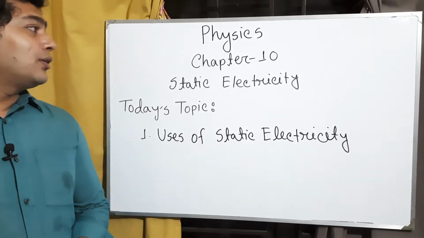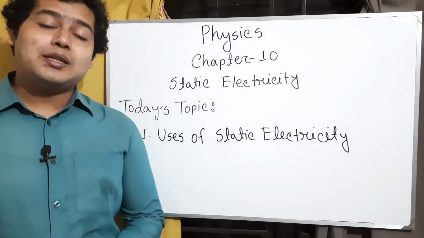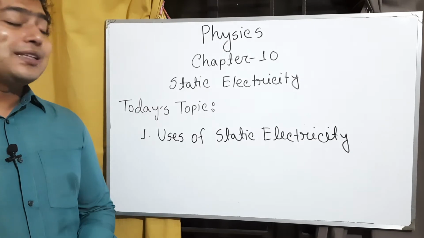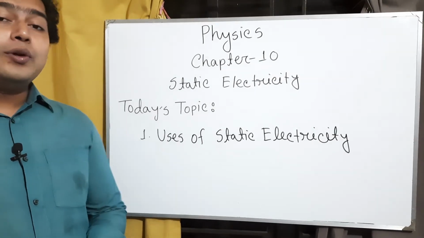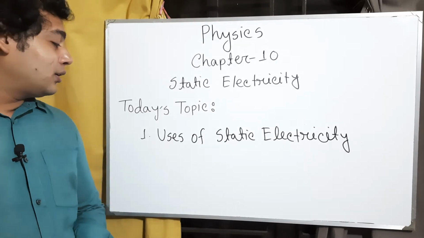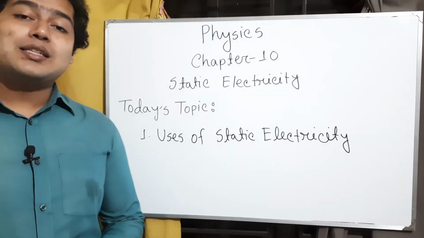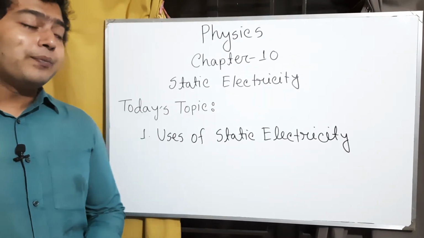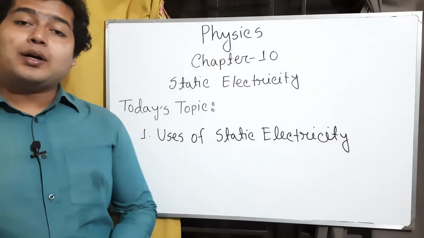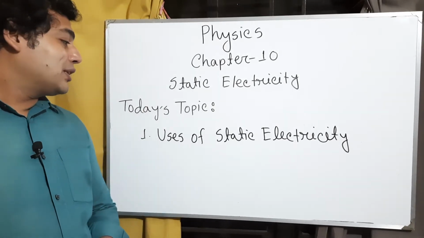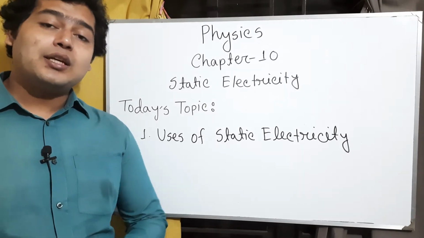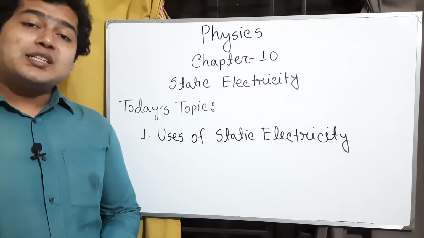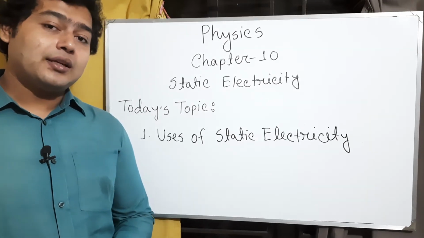Okay, so we are discussing chapter 10. The name of this chapter is static electricity, and today we will discuss uses of static electricity. My dear boys, this part is very important for comprehension based questions.